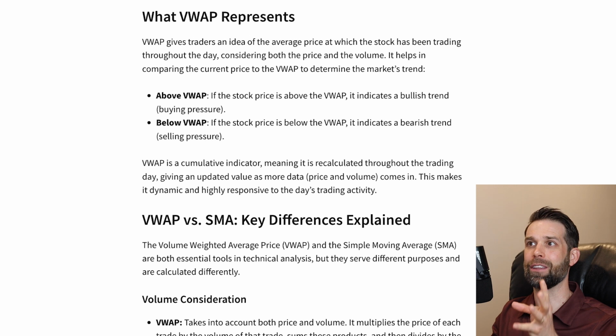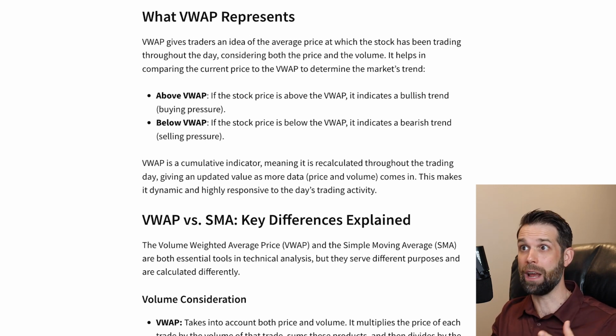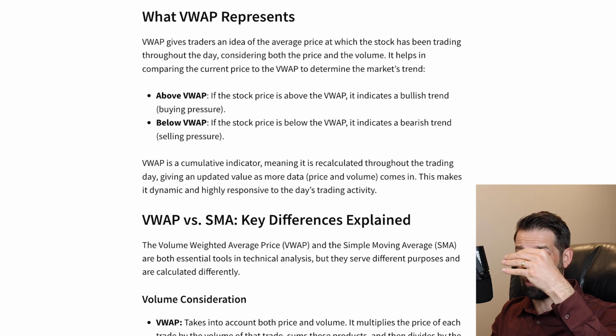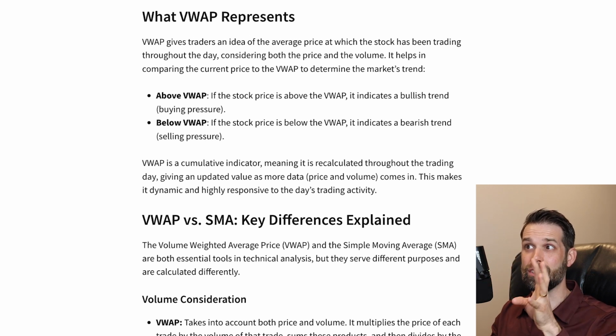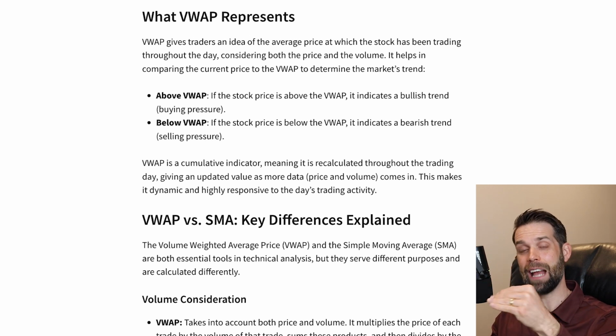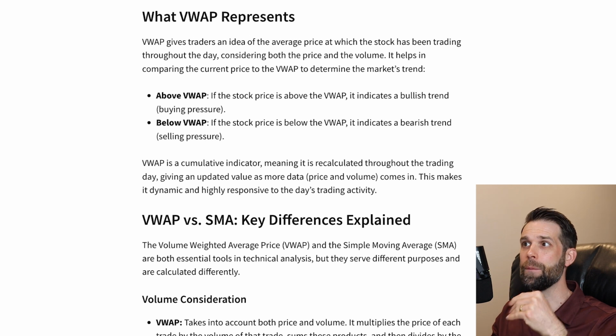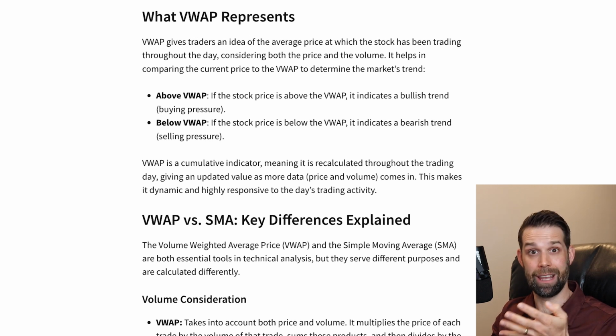So it helps comparing the current price to the VWAP to determine the market's trend. Generally, if the stock price is above this line when you put it on your chart, that indicates a bullish trend in that moment of time.